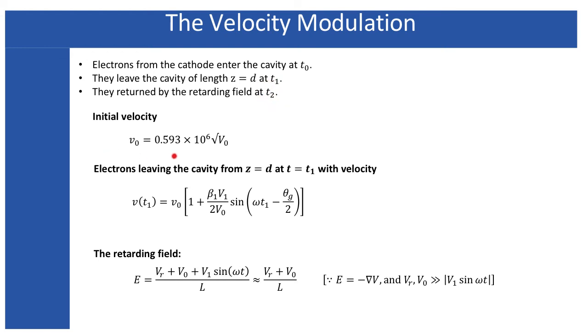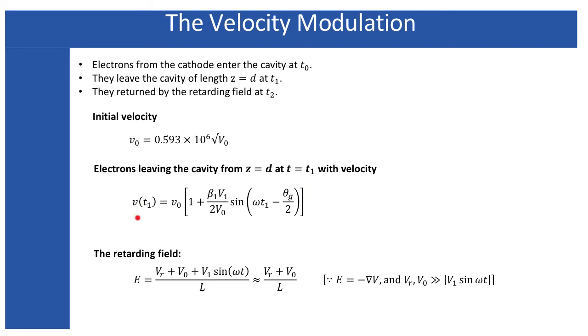Now the initial velocity that I already showed during the discussion of the two cavity klystron should remain the same here also, and the electrons leaving the cavity having the cavity length of z, at the time instant of t, will be velocity modulated. The expression for the velocity modulation will also remain the same as the two cavity klystron, because right now we are within the first cavity if you compare with the two cavity klystron.